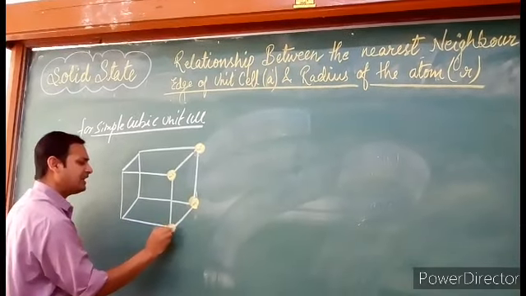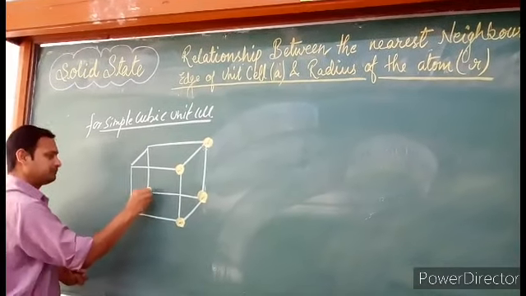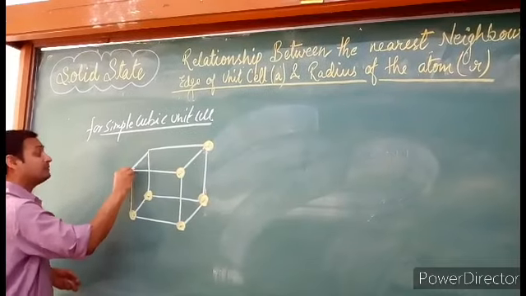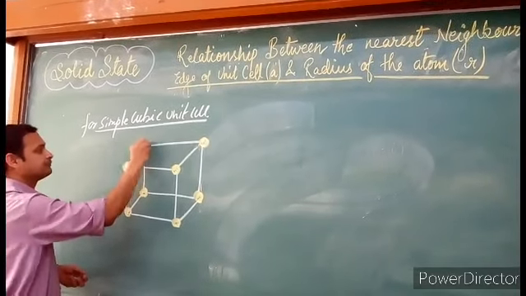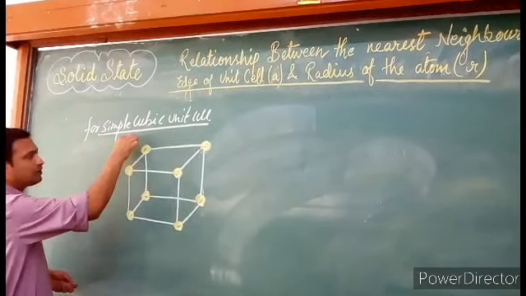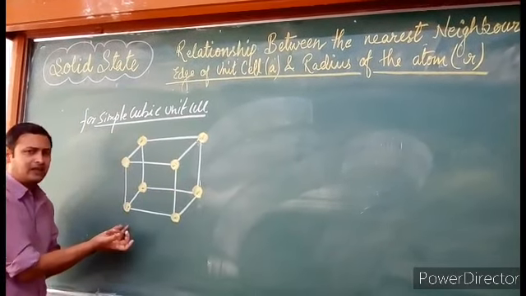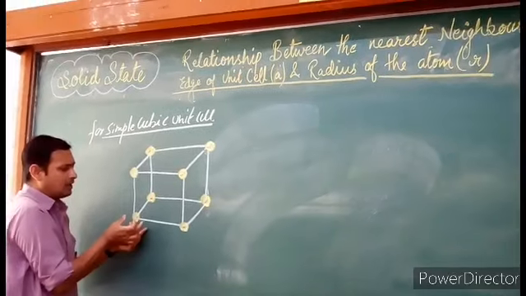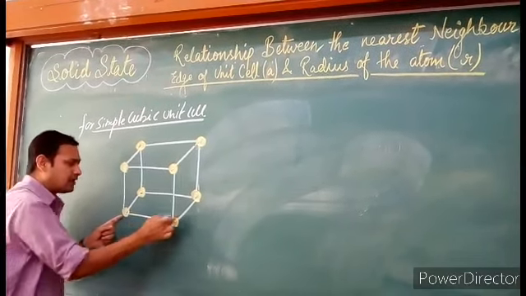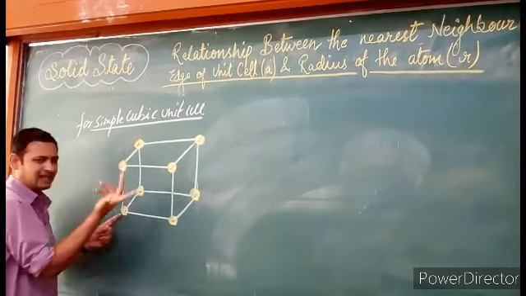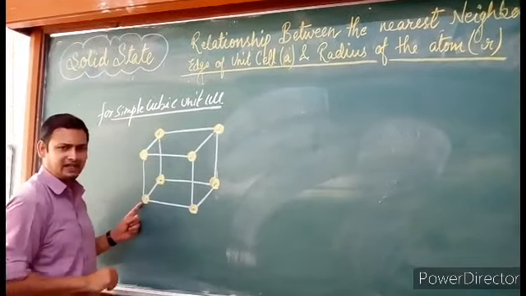So how many corners are there in a cube? 8. So there will be 8 atoms. So for simple cubic, जैसा कि हम कल पढ़ा हम लोगों ने, we are having a unit cell having atoms only at the corner. 8 corner होते हैं तो we are having 8 atoms.